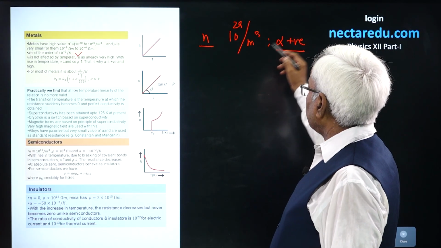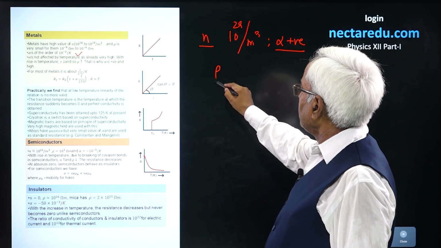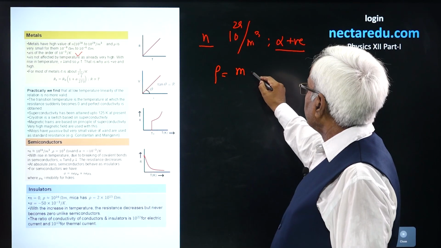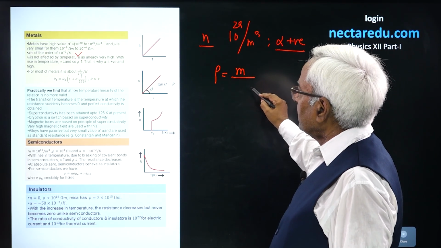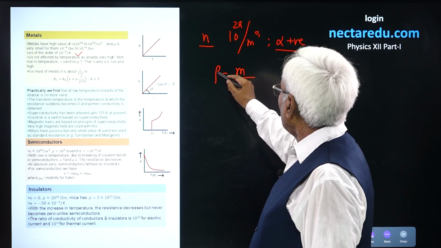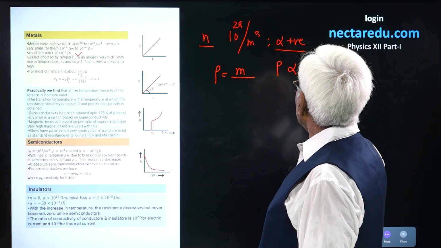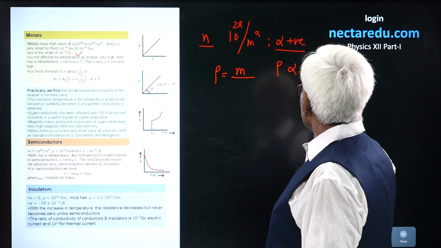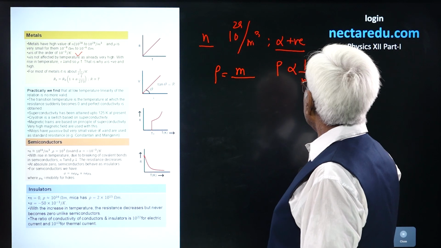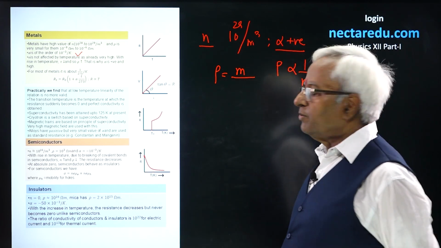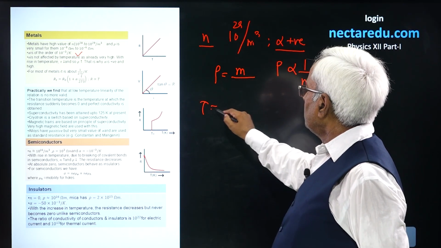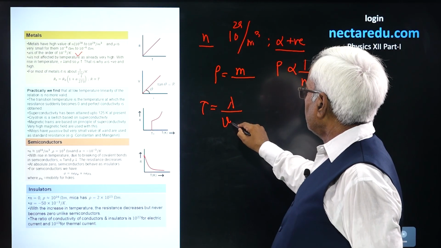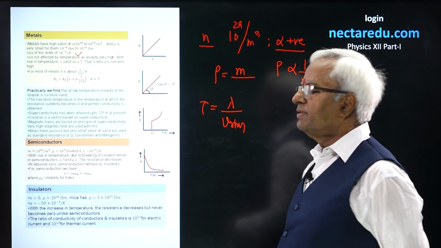Why is alpha positive? That we have to see. We have written that overall rho depends in particular on n and tau. Tau is equal to lambda upon Vrms.